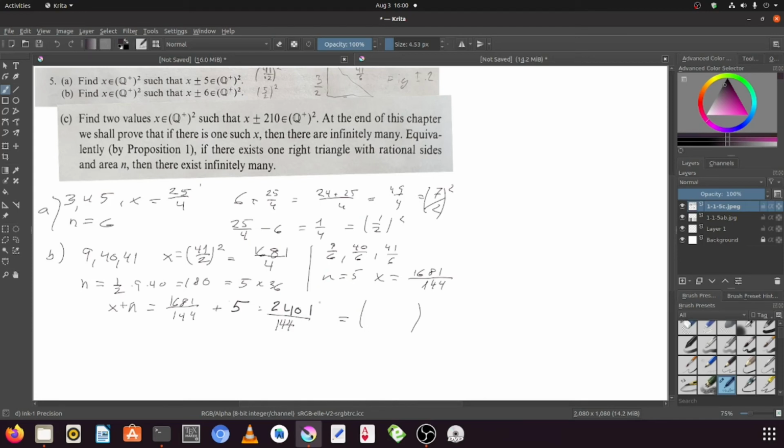You may realize immediately this is a square. It's the square just before 2500. The difference between 50 plus 49.